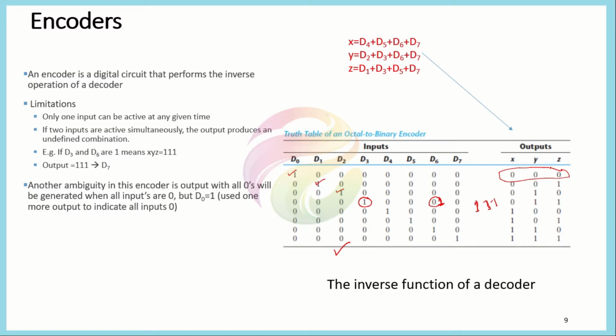So basically two combinations are represented here: either d0 is equal to 1, then we get all outputs equal to 0, or all the inputs are equal to 0, then we again get the output equal to 0. So we have to solve these two issues so that our encoder circuit could work properly.